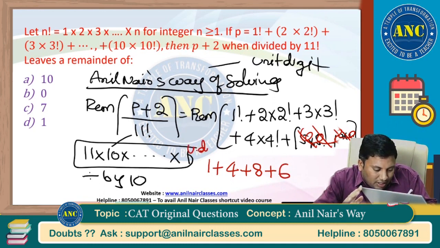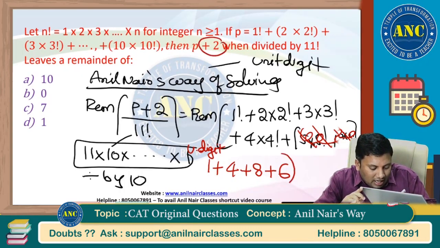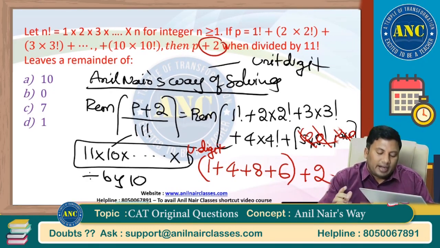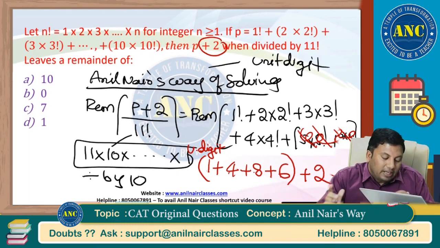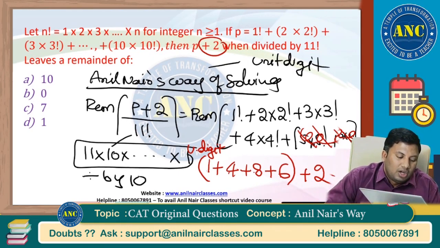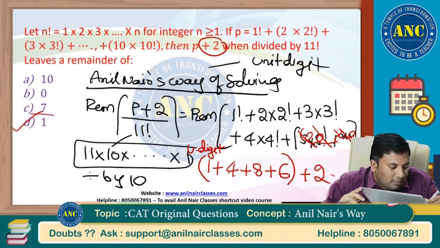These are nothing but the unit digits. Plus 2 is there. This is P plus 2. Am I right? 8 plus 4, 12. 12 plus 6, 18. 18 plus 2, 20. 20 plus 1, 21. 21 divided by 10, the unit digit is 1.